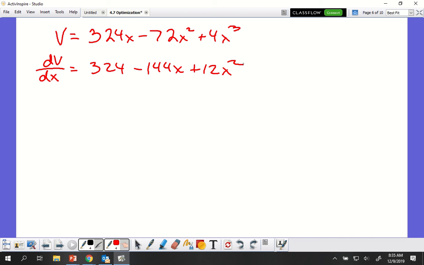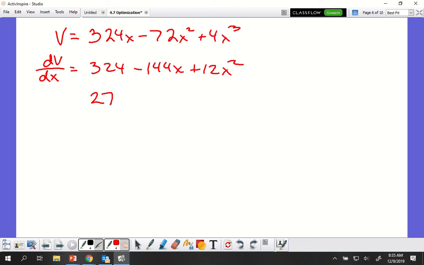All right, set it equal to 0. I think I could factor a 12 out, can I? Yeah. That was 18 squared, so 6 and 2, 9 and 3, 27?